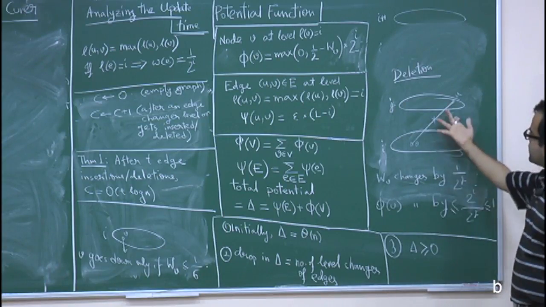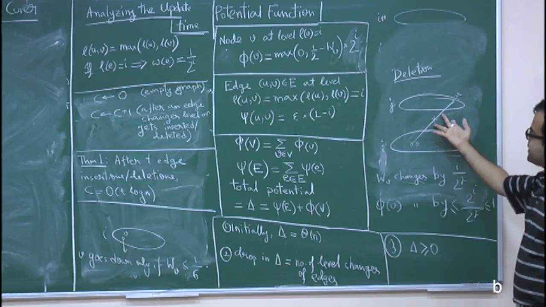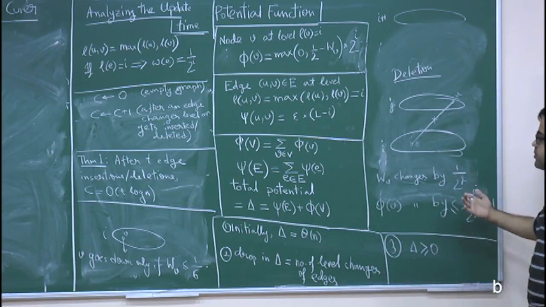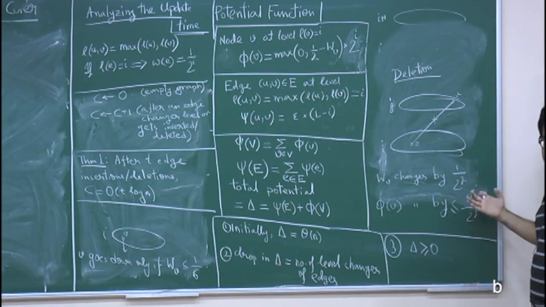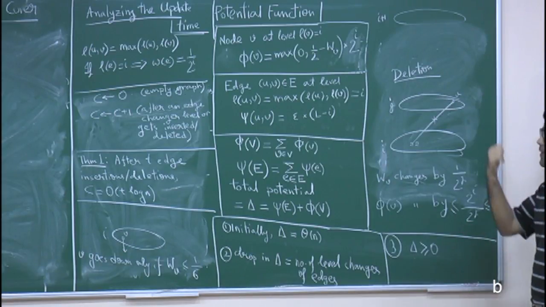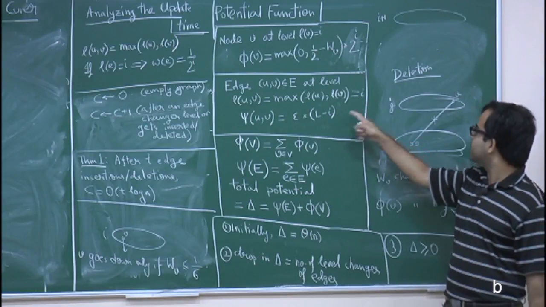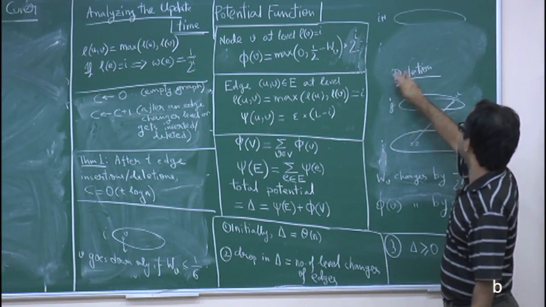You know that after an edge deletion, the total potential changes by at most epsilon log n, right. On the other hand, after an edge insertion, what happens? Let us look at the edge potential again. Suppose this edge was now being inserted.